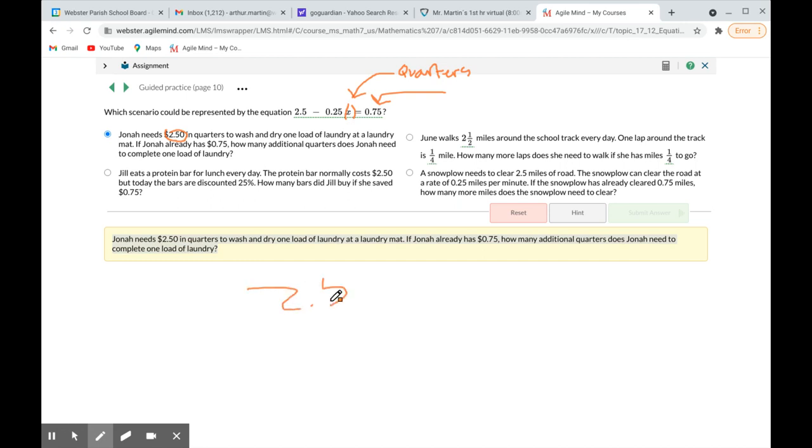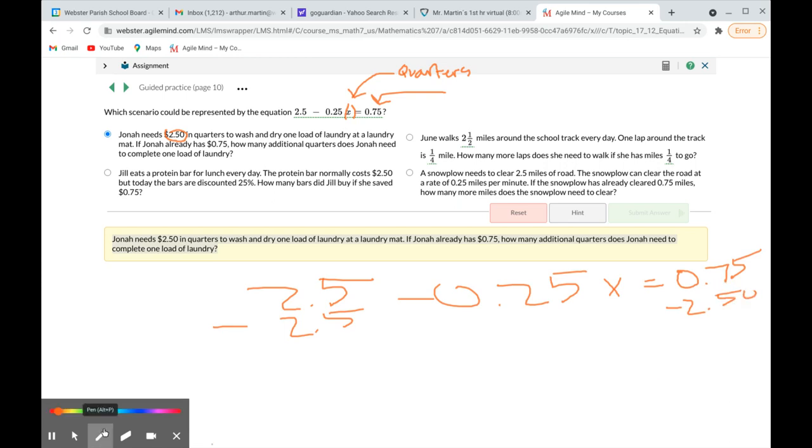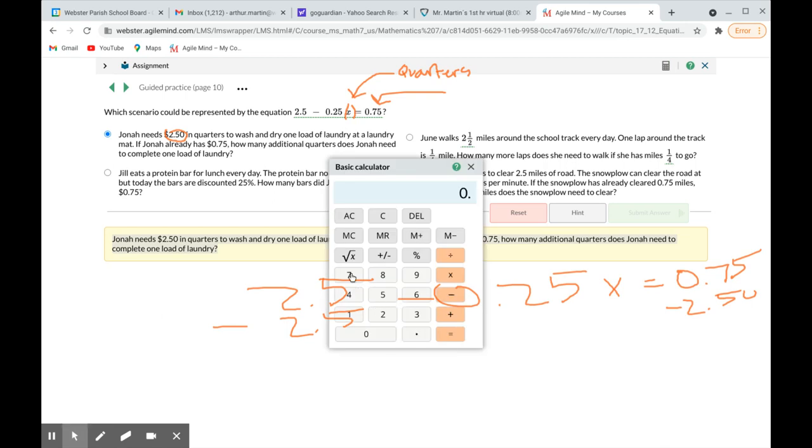So I think what we should have done was take the problem like this and then go ahead and subtract our 2.5 from both sides. And so when we did that, the easiest thing to do is just take a calculator and do 75 cents minus $2.50. And so we get negative 175. And we set it equal to negative 0.25x.